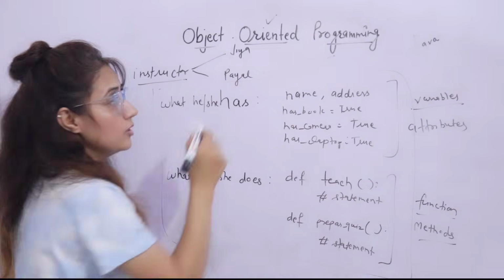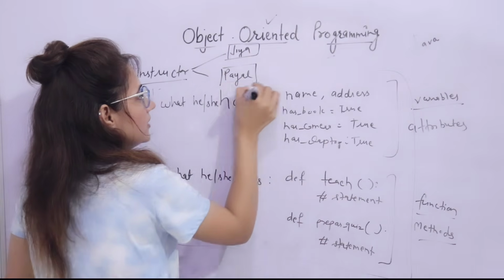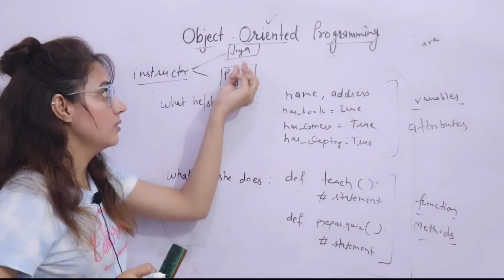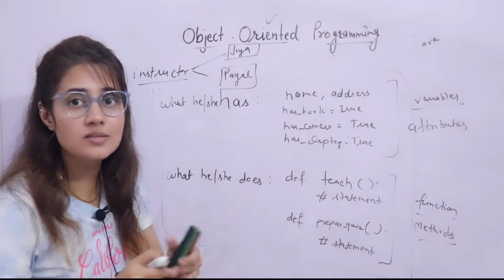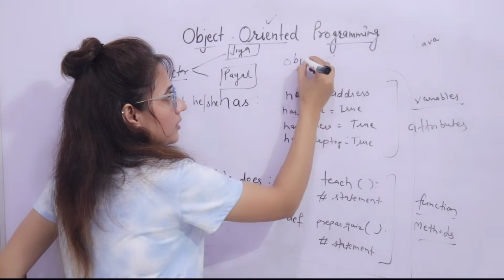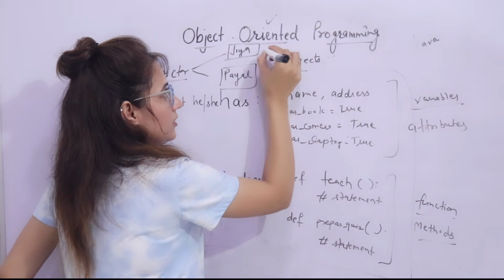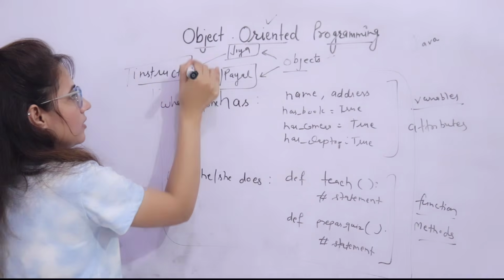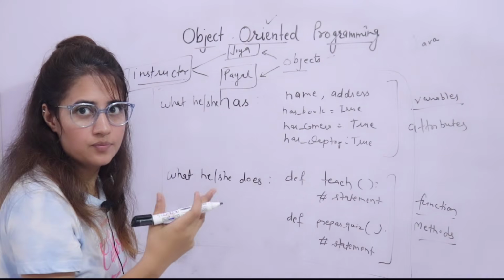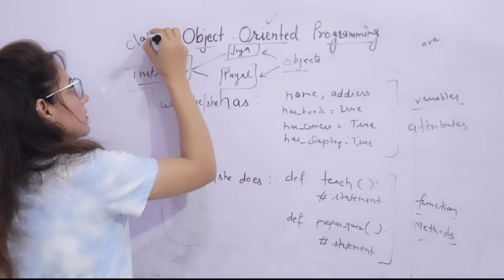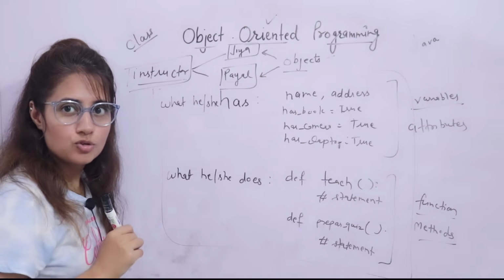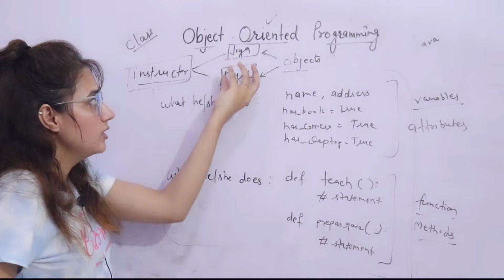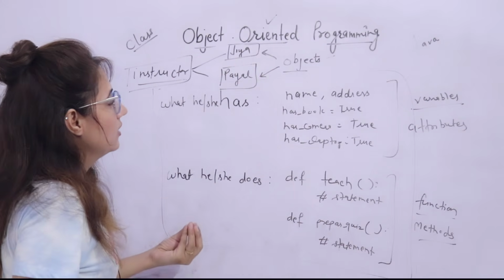Now these actual persons, Gia and Payal, are known as objects in object-oriented programming, right? And this instructor is simply a blueprint or a design. This is known as a class. So a class is simply a blueprint to create objects. So these actual things are objects, right?